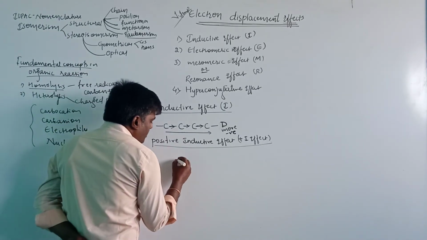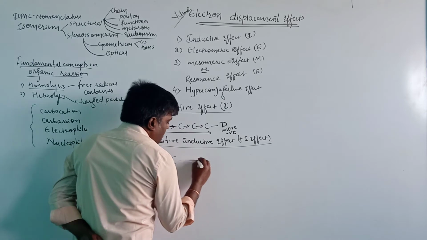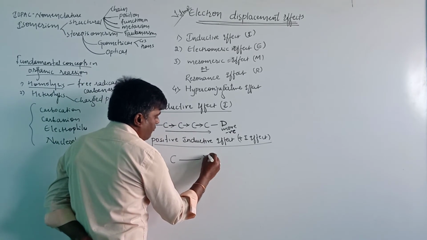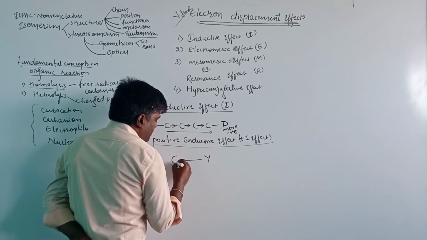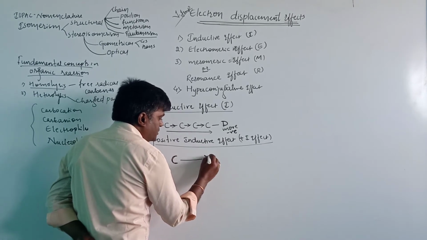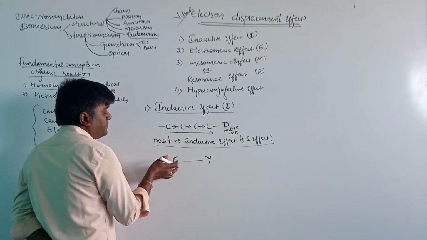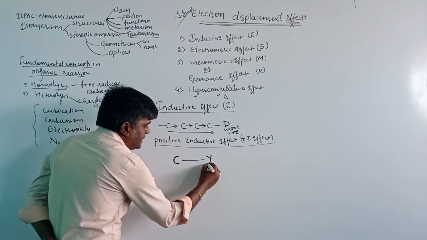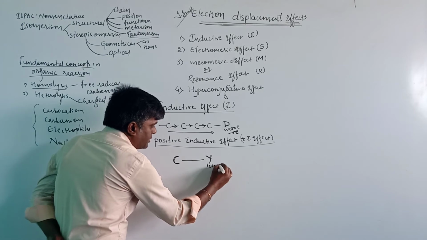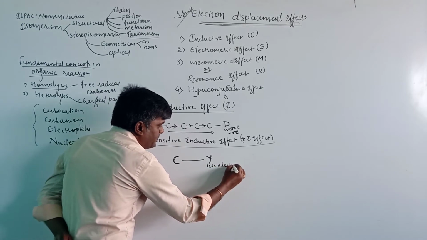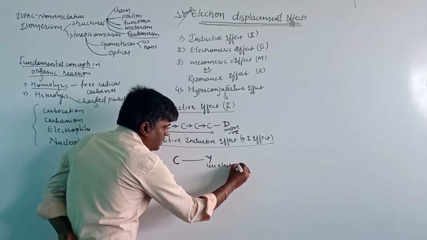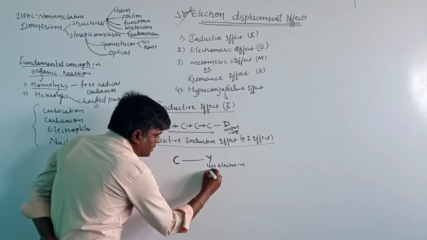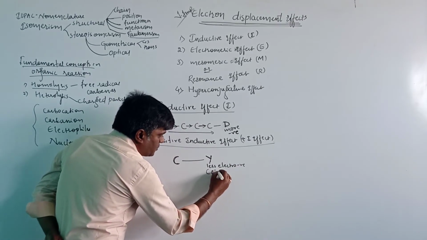Consider a carbon chain and a subsequent group attached to it. Y is attached to the carbon chain, and it is less electronegative, or we can call it an electron releasing group.